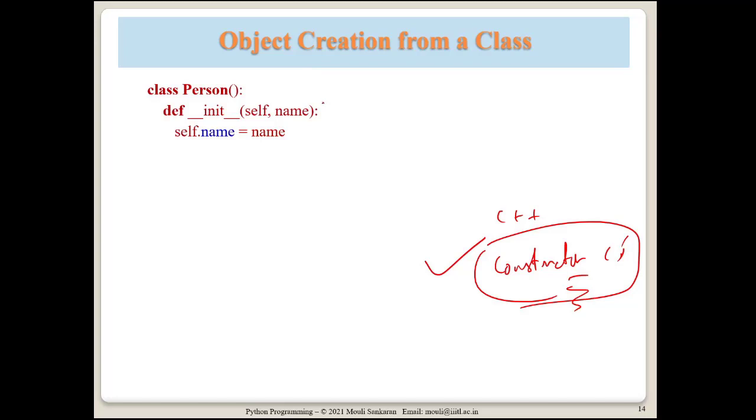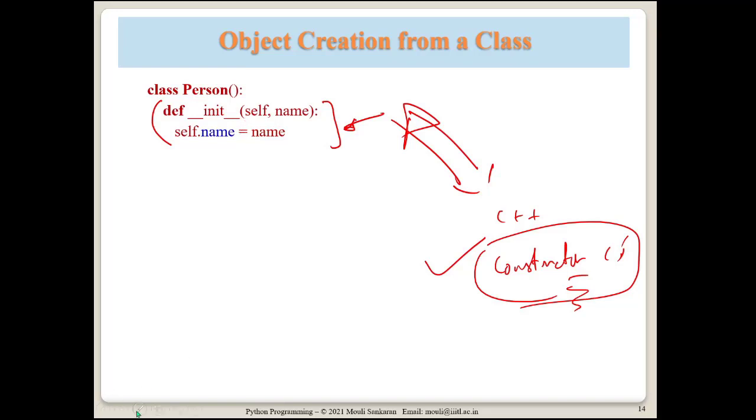Whereas you cannot say that init is synonymous to the constructor of C++. This init function, which is a special magic method, if you define it inside a class, is meant for initializing the object that you are instantiating.